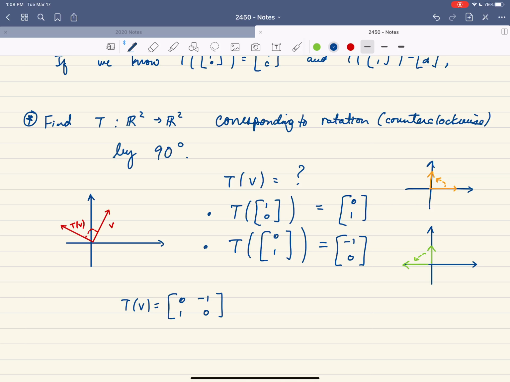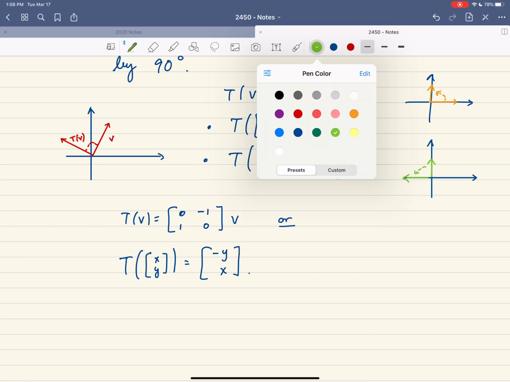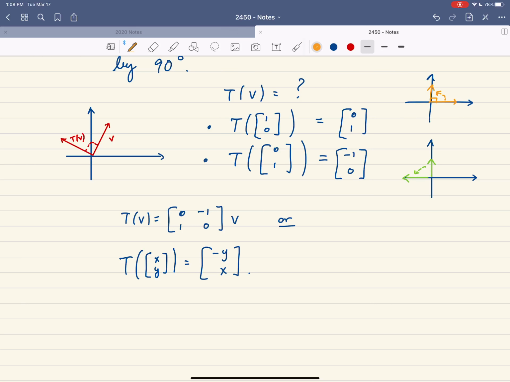Okay, so T of V is going to be this matrix times V. To say it another way, if I wanted to not write this as a matrix, I could say that the vector (x, y) is going to get mapped to (-y, x). Okay, and it turns out that those two vectors are always going to be perpendicular to each other, or we'll say orthogonal. We'll use the word orthogonal later. And so that gives us our 90-degree rotation. Okay, so that's one example.